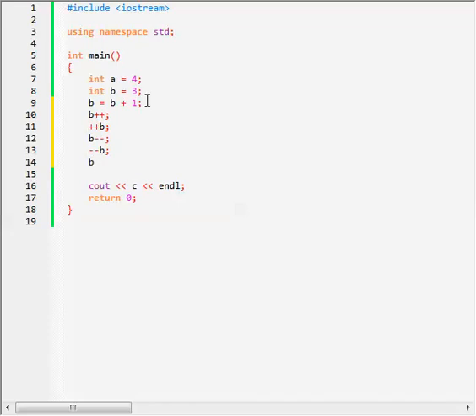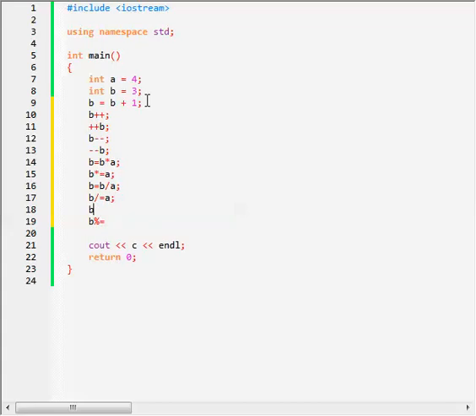There's also the b times equals, b divided equals, and the b modulus equals. So b times equals is the same thing as saying b equals b times a. B divided equals is b equals b divided by a, and b modulo equals is b equals b modulo a.